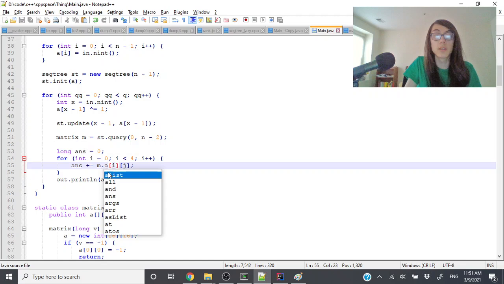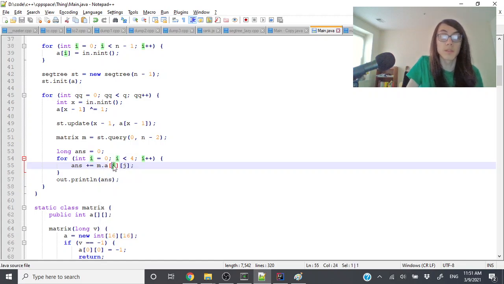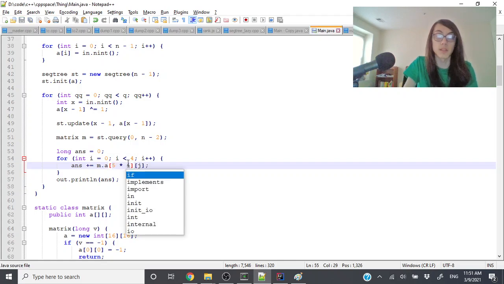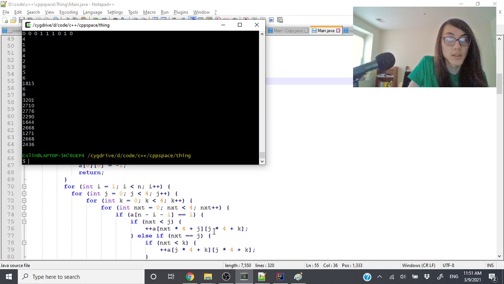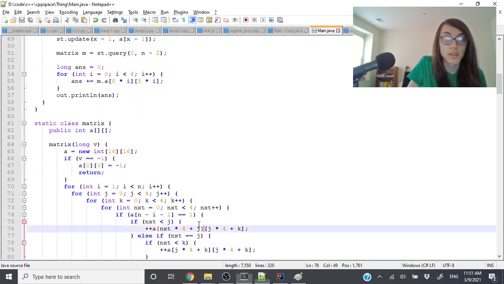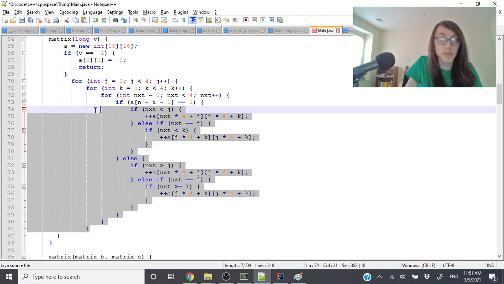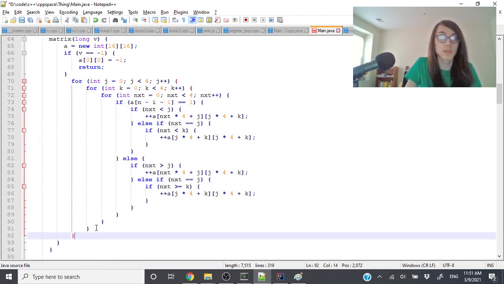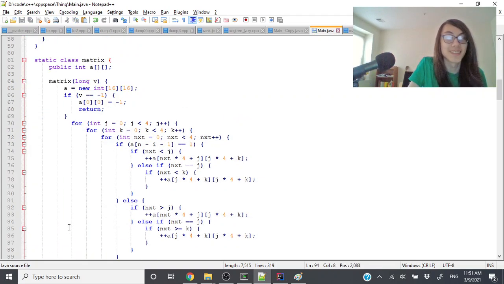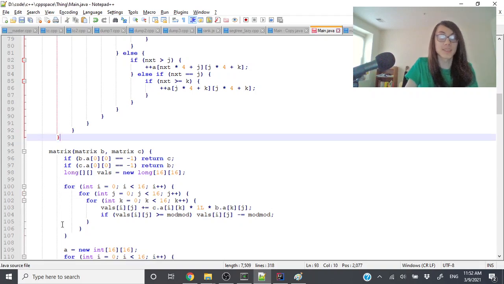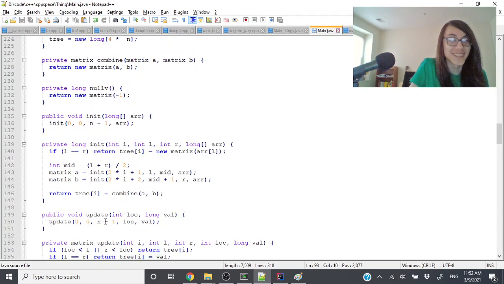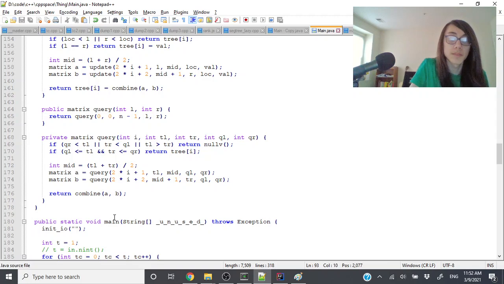See. So it should be m.a 4. What is this? So 0, 5 times I, 5 times I. This is not going to work first try, but I can attempt it anyway. What? This indentation is so messed up. Okay, that's what it is. God. Alright, let's see. So, we're gonna combine them.